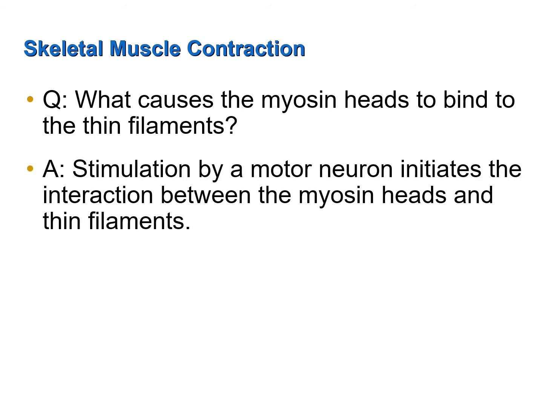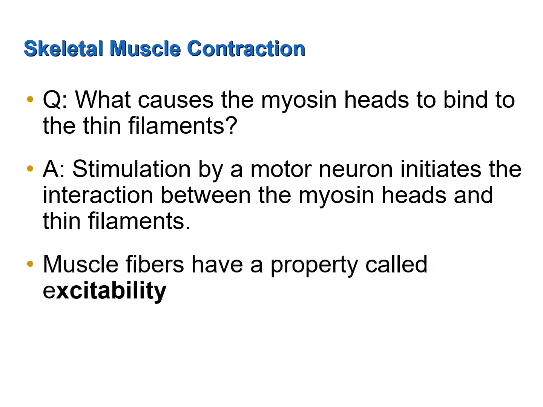The answer is stimulation by a motor neuron initiates the interaction between the myosin heads and the thin filaments. Recall that muscle fibers have a property called excitability. Motor neurons, through the release of neurotransmitters, cause changes in the skeletal muscle fiber, which causes the myosin heads to interact with the thin filaments.